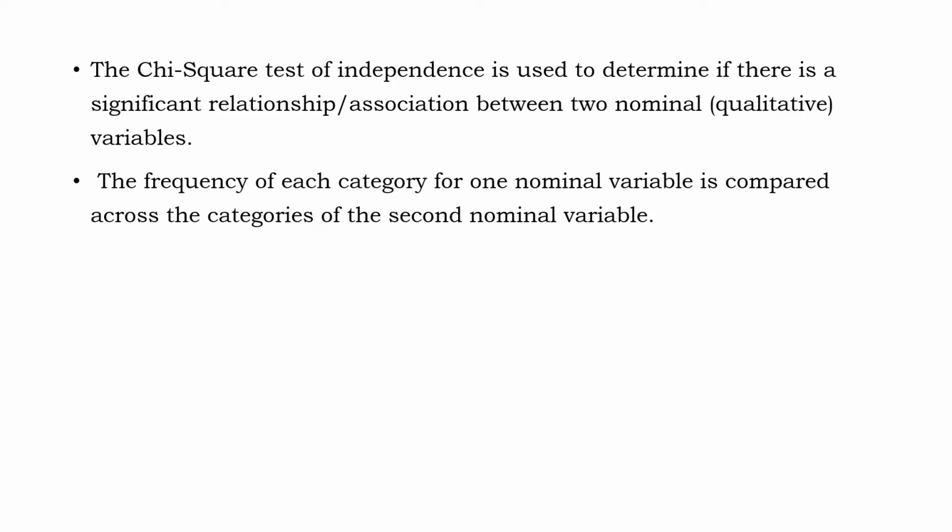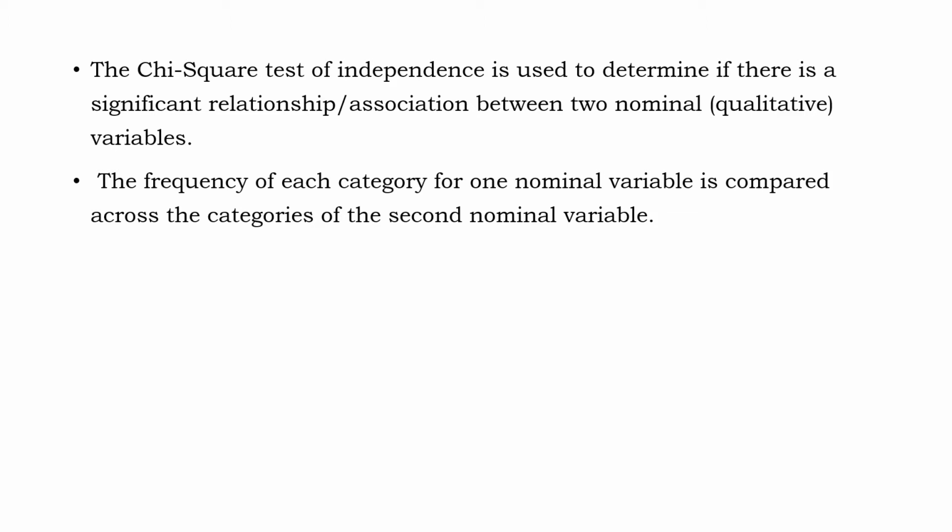Say for example, if you want to test whether beauty is related with intelligence or not, or whether the two variables beauty and intelligence are associated or not. So what is being done here is we are going to check whether the variables will be categorized in such a way that one variable is compared across the categories of the second nominal variable.